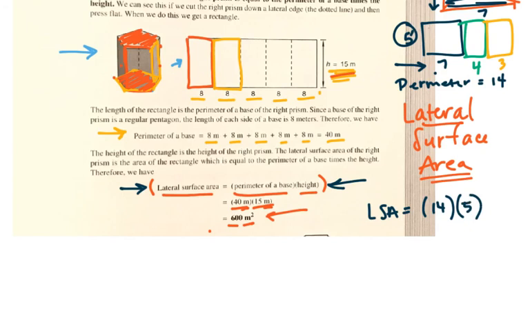And let's say in this one we're going to say we're dealing in centimeters. So the lateral surface area will be 14 times 5, which is 70. And because we're talking about 14 centimeters and 5 centimeters, when those multiply, they become centimeters squared.